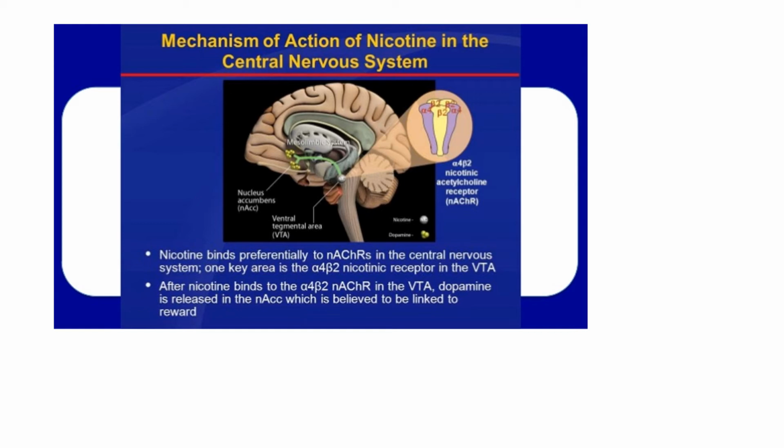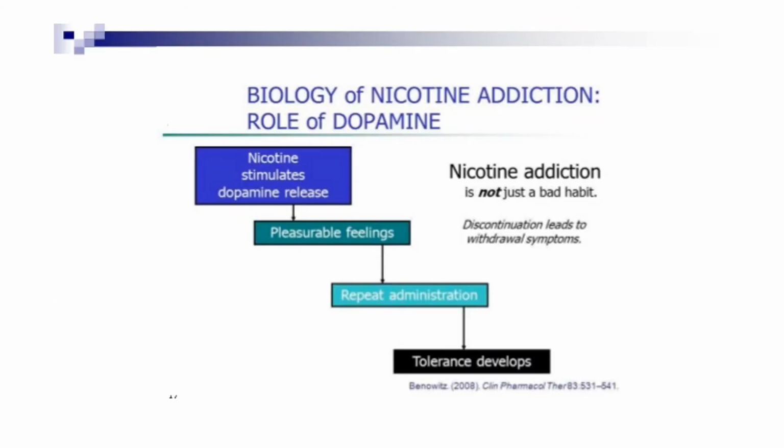This causes a release of dopamine, and this dopamine activates the pleasurable region. As I told you, nicotine stimulates dopamine release and causes pleasurable feelings, so the brain will ask for more and more. You go on with repeated administration, and finally tolerance develops in persons who smoke.